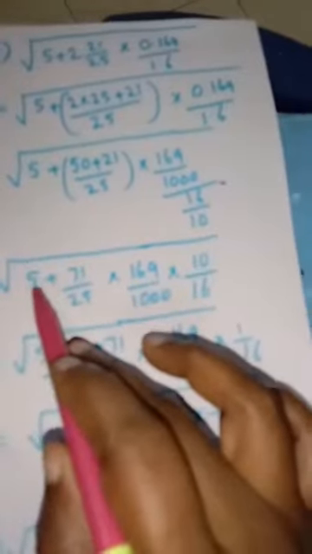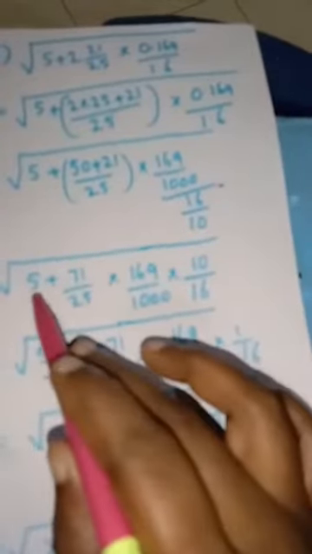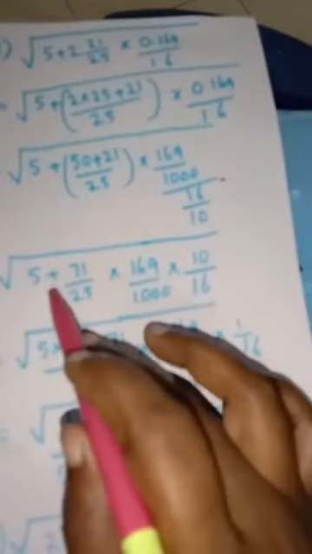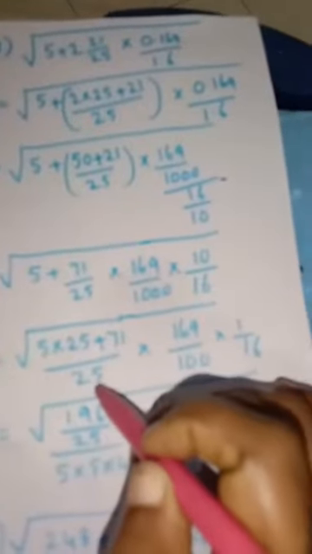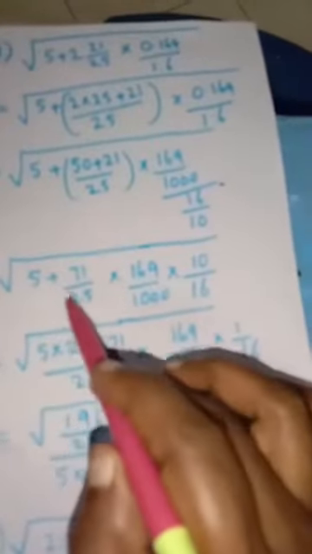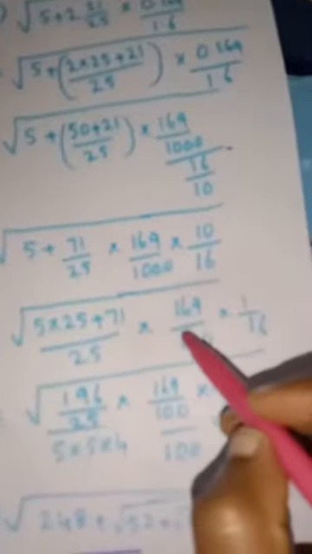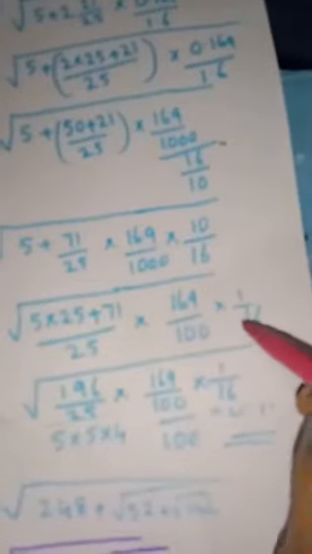Here 5 plus 71 by 25, here no denominator. So find the LCM, that is cross multiply. 5 into 25 plus 71 by 25 into 169 by 100 into 1 by 16.